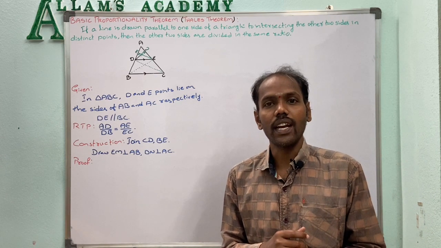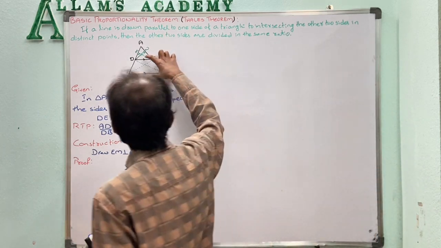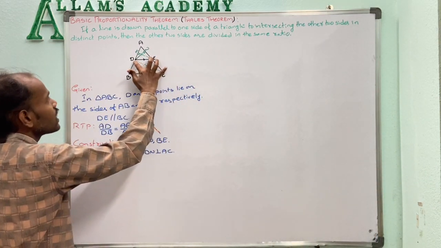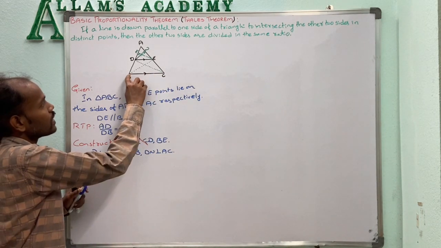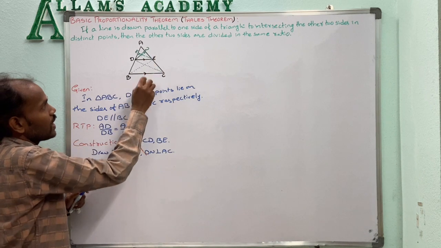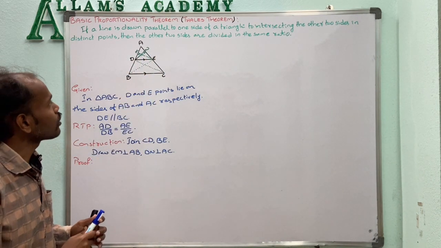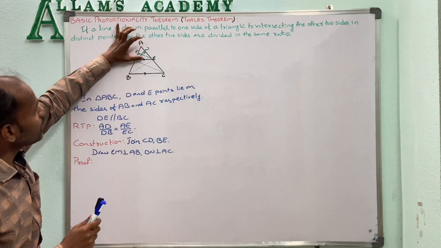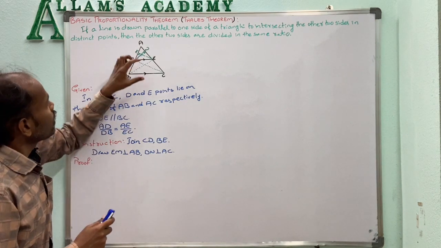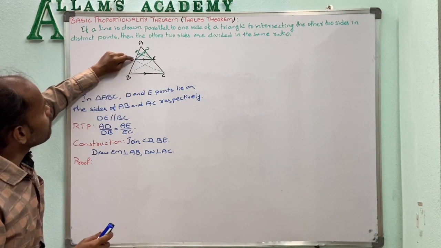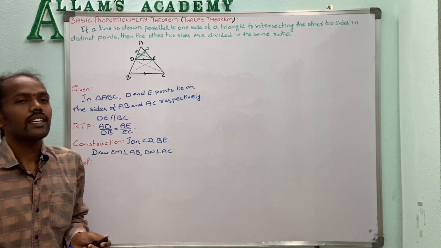So by that theorem, here DE is parallel to BC. BDE is a triangle and CDE is another triangle. Both have the same base DE. So triangle BDE and triangle CDE have equal areas.